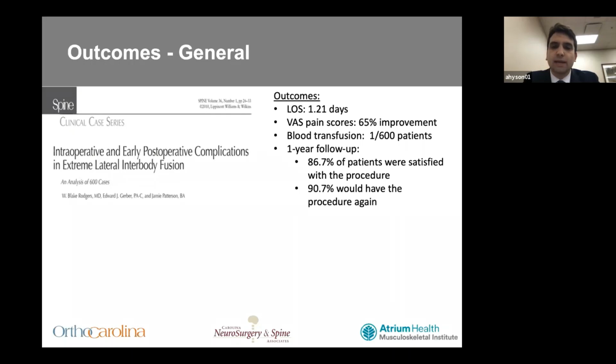And at 1 year follow-up, 86.7% of patients were satisfied with the procedure, and 90.7% would have the procedure again. Importantly, in this paper, they also stated that at the time, length of stay for other interbody fusion techniques such as TLIF, ALIF, and PLIF was longer, on average 3 days. Blood transfusion rates were also higher in these other interbody techniques as well, though this wasn't a direct comparison, just a review of literature.